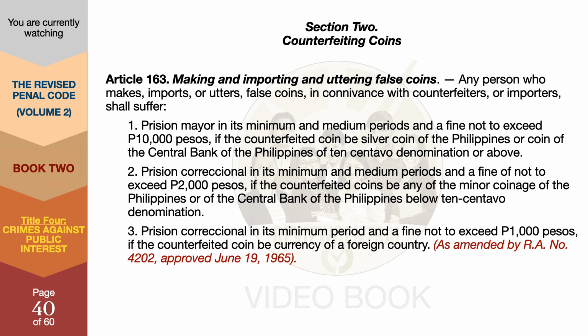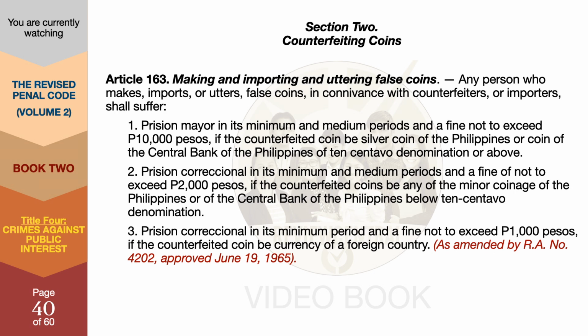Any person who makes, imports, or utters false coins, in connivance with counterfeiters or importers, shall suffer: 1. Prisión mayor in its minimum and medium periods and a fine not to exceed 10,000 pesos, if the counterfeited coin be silver coin of the Philippines or coin of the Central Bank of the Philippines of 10 centavo denomination or above. 2.